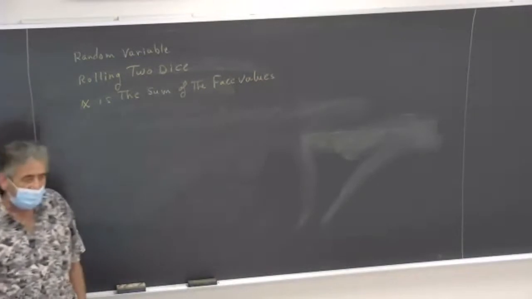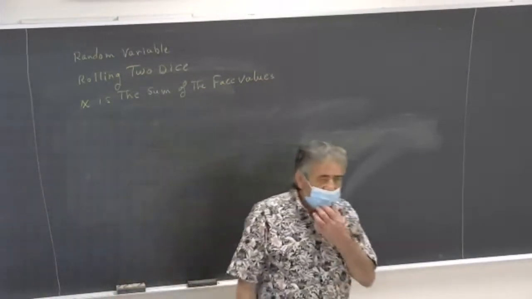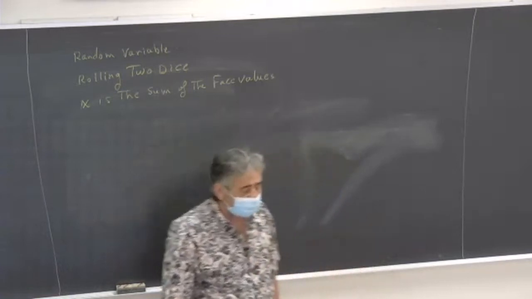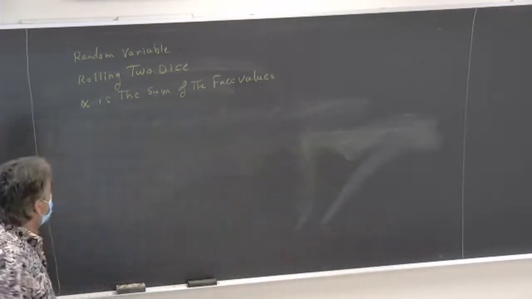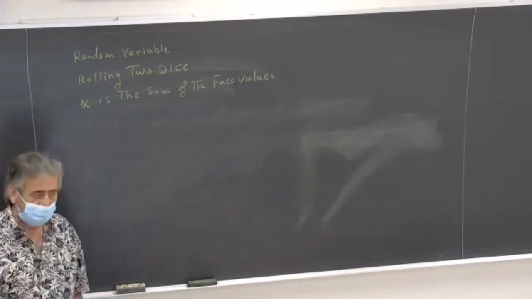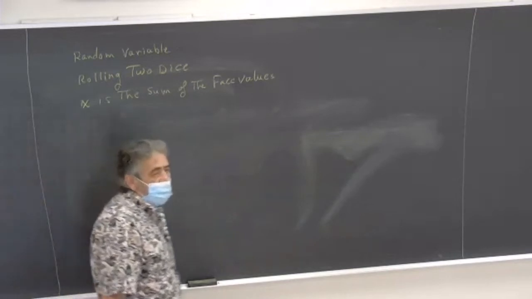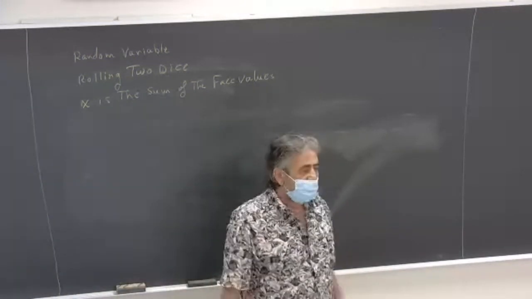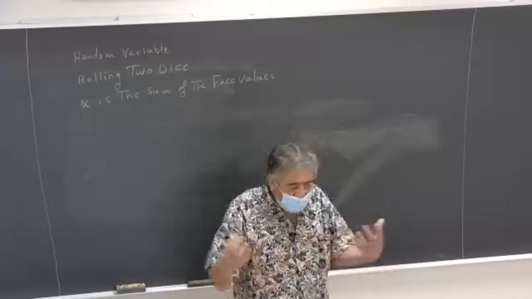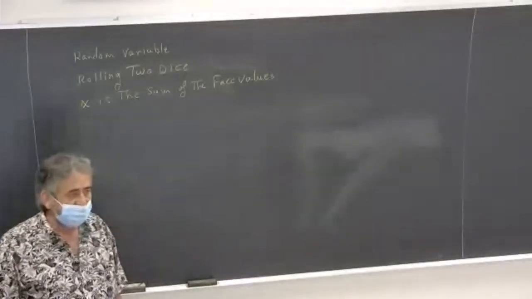So X being the sum of those face values when rolling two dice. And it says, draw a probability distribution for X. So first of all, we need to know what values I get for X by rolling two dice. We have to put all the possibilities together in order to determine what numbers I get.